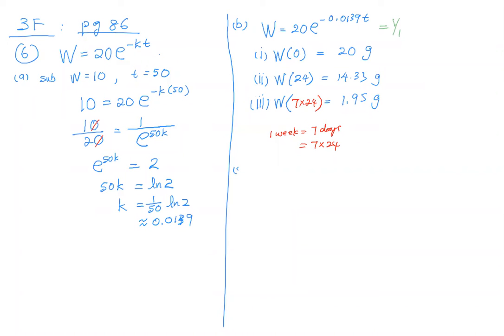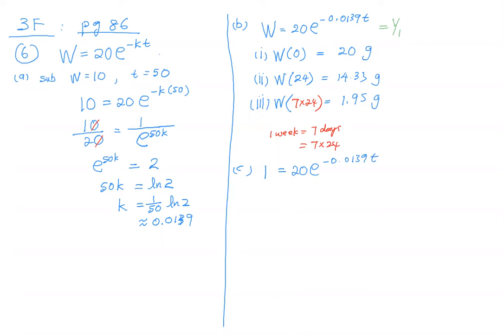So part C: how long will it take for the weight to reach 1 gram? For this one, you can solve it in 3 ways. You can use the graphical method, or you can use solver, or you can solve it manually. Your choice. 1 gram, so 1 equals 20 e to the power negative 0.0139t.